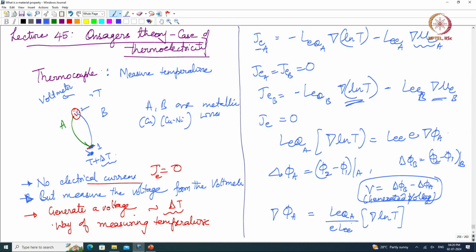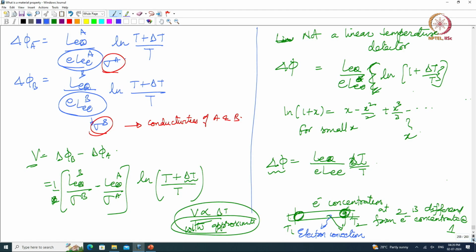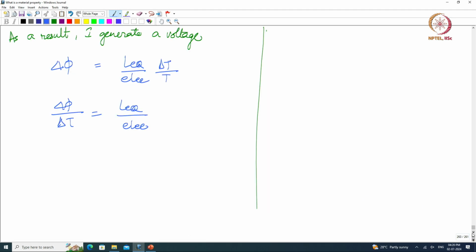L_EE, so there is no minus here. When I change this, I have an E times del phi, so gradient of phi. Fantastic, all right, no problem. So this quantity here is what is called the Seebeck coefficient.